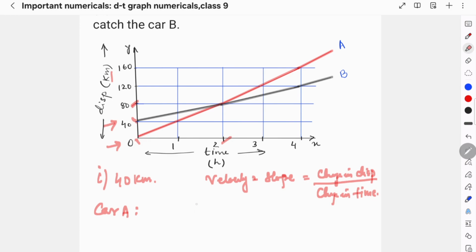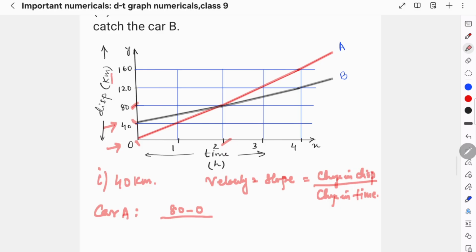So the change in displacement is 80 minus 0, and the change in time is 2 minus 0, so it comes to 40.